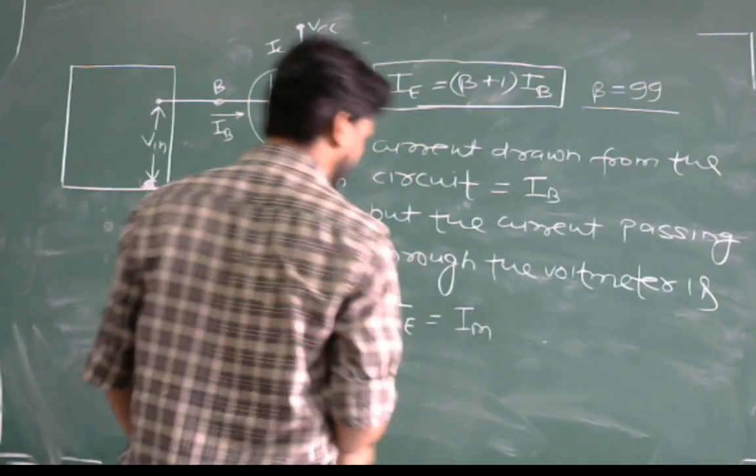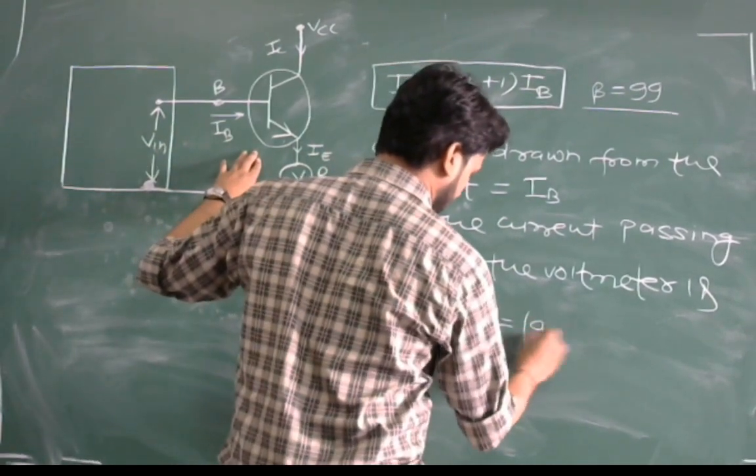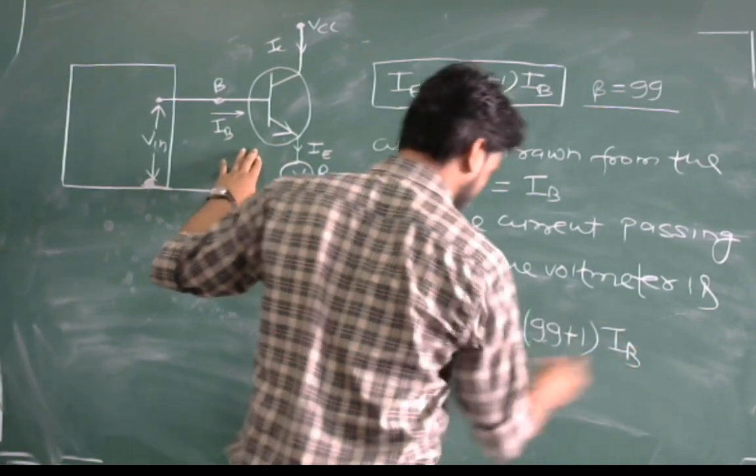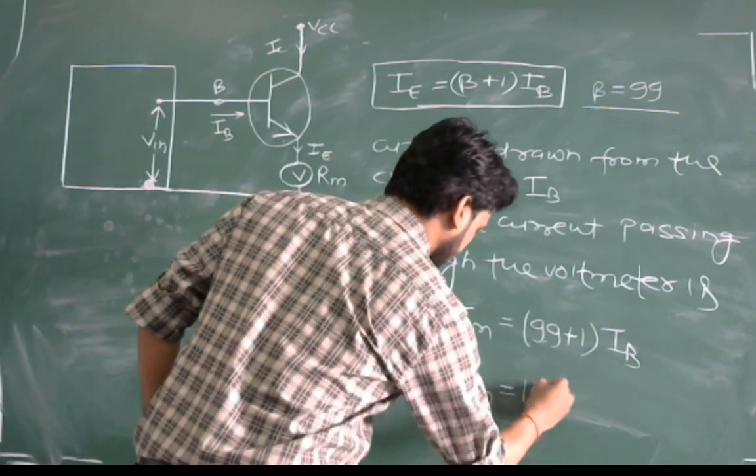I can write it as IM. IM will be 99 plus 1 times IB, meaning IM is equal to 100 IB.